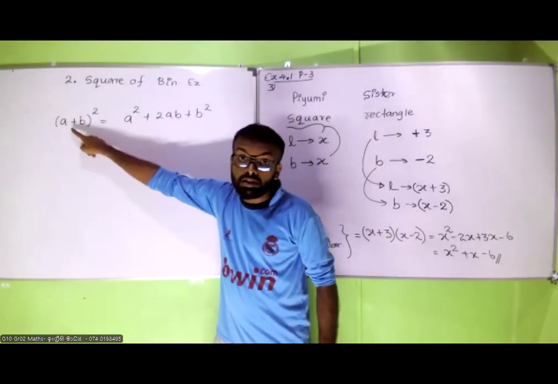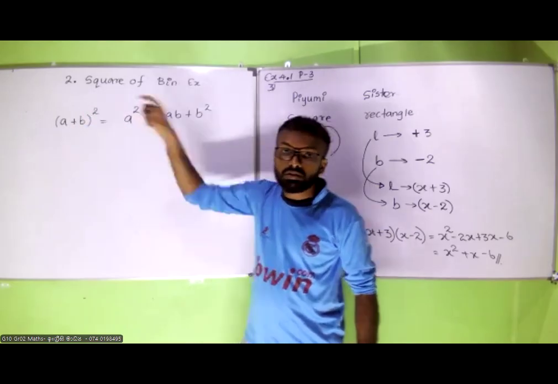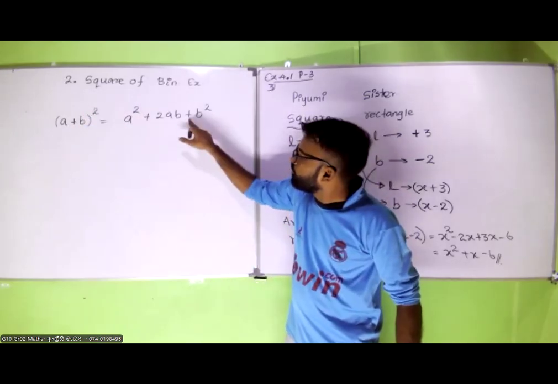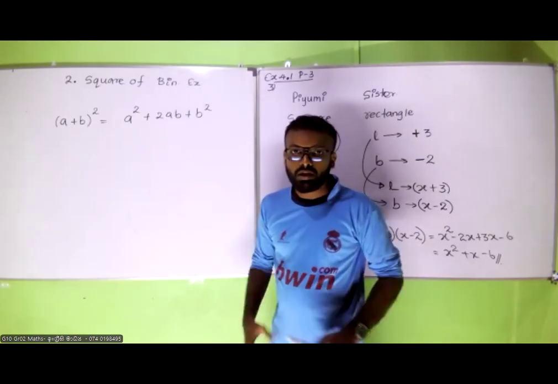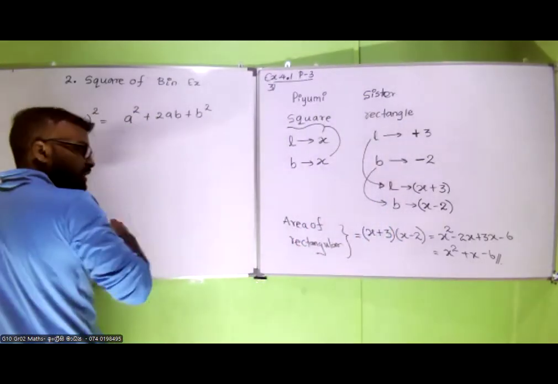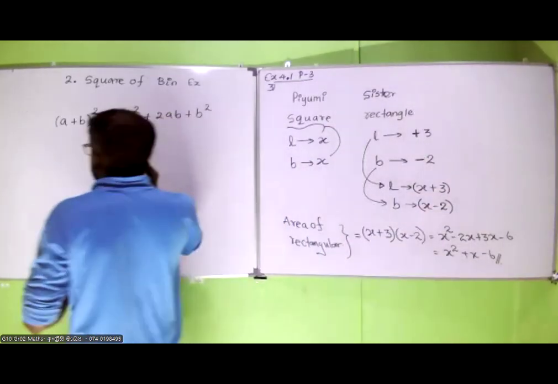Now the important thing is here you have positive signs. If you have positive signs, each and every sign of this expression will be positive. How are we going to obtain this by looking at the binomial expression?